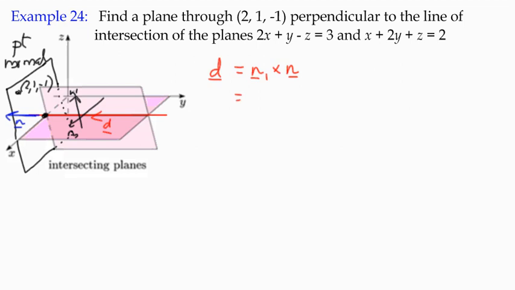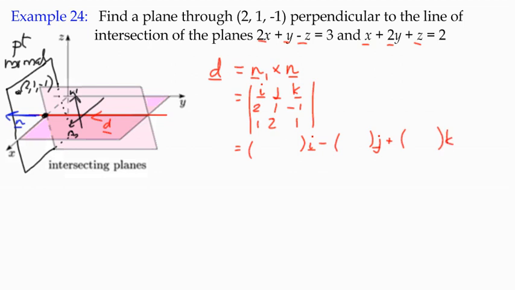So first of all, the direction vector is going to be the determinant with i, j, k. The 2 normal vectors are 2, 1, negative 1, and 1, 2, 1. And if I do my vector product calculations, I'm going to have 1 minus negative 2.